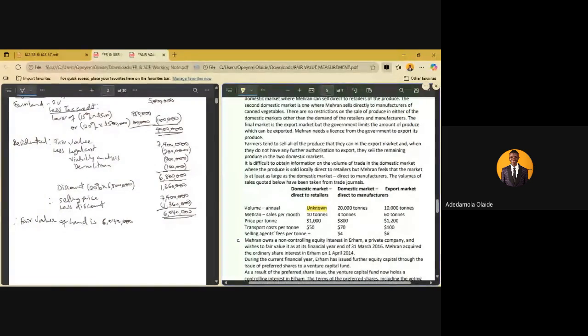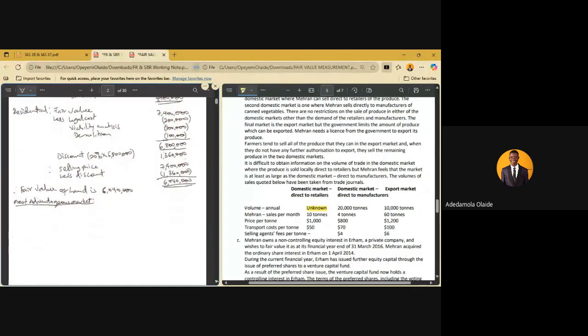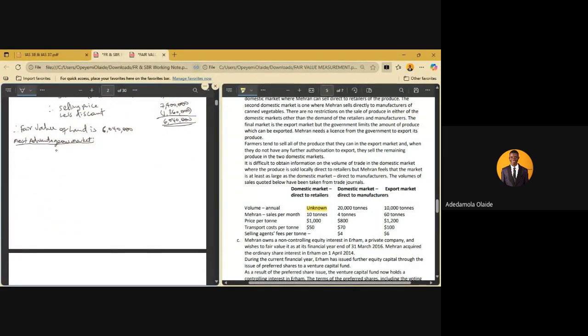So what do we do? We have to calculate the most advantageous market. Most advantageous market will be what? We have direct to retailers, direct to manufacturers, and export markets.